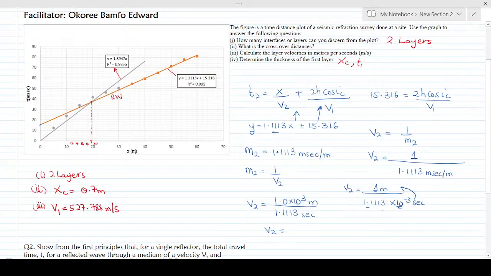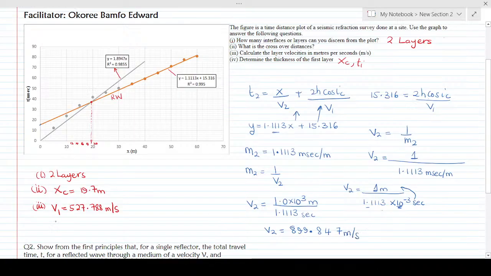And so I can say my V2 is equal to, so here I'll use my calculator. 1.0 by 10 to the power positive 3 over 1.1113. So I'll get my V2 to be 899.847 meters per second.